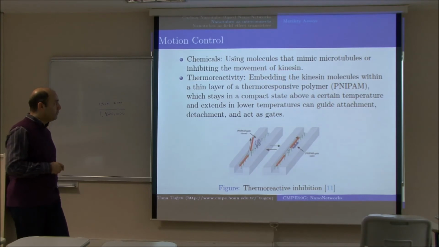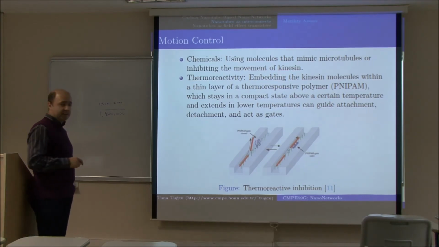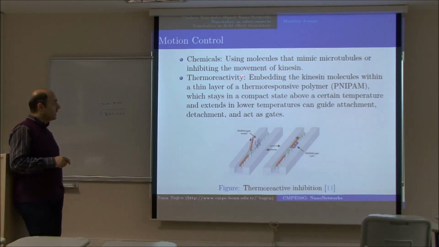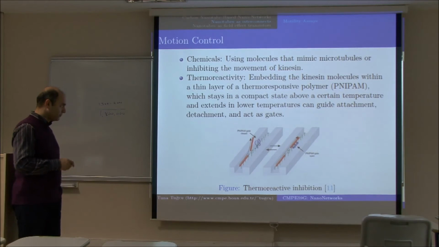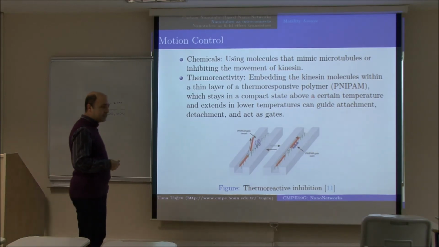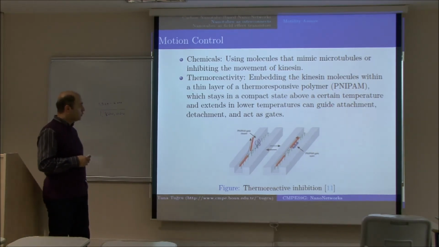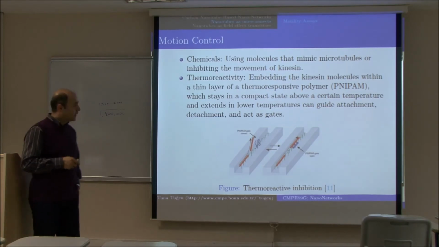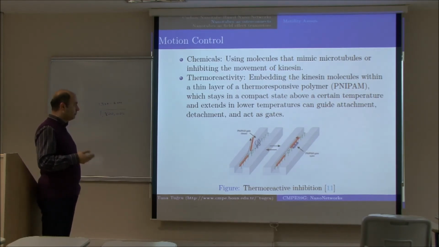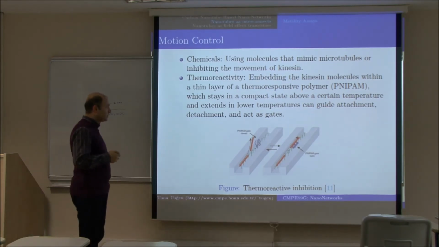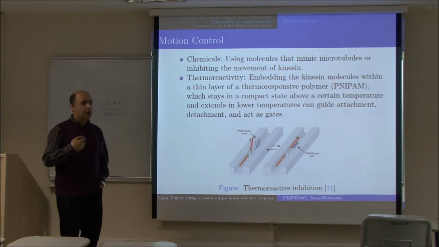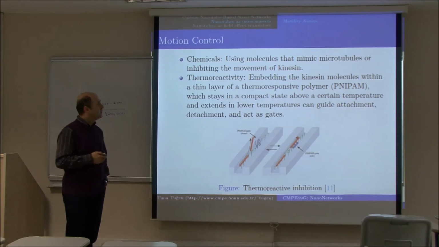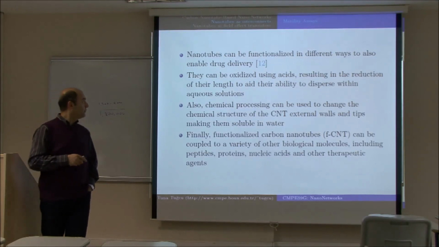So embedding the kinesin molecules within a thin layer of thermoresponsive polymer, PNIPAM, which stays in contact state at some specific temperature, you can control the movement. And by changing the temperature, you can control whether it will move or not, or you can attach or detach it to the plate, for example.